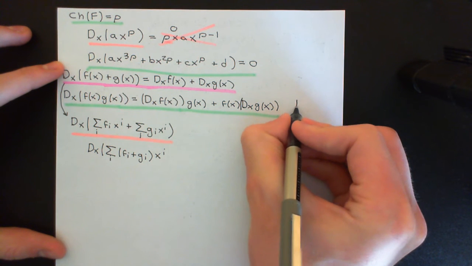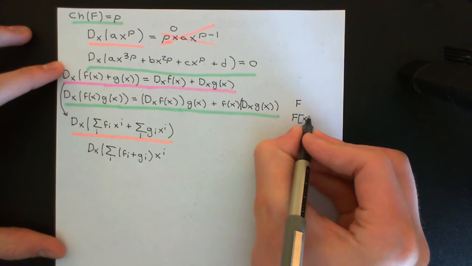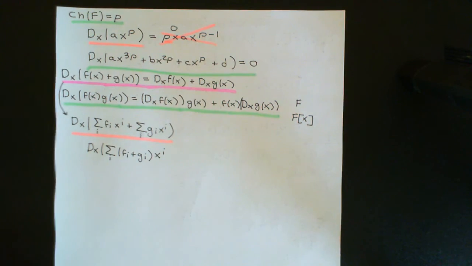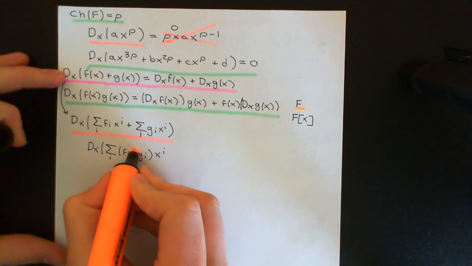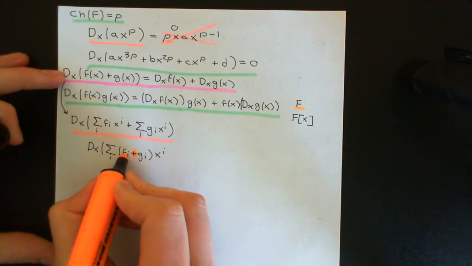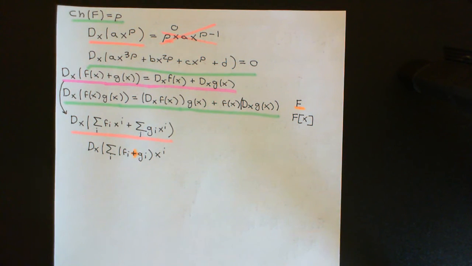So we have addition in the field capital F, and we're also going to have addition in the ring of polynomials over the field capital F, and we'll colour code those in different colours. So addition in the field capital F is here. When we're adding the coefficients, you add those together in the field capital F, and that's in orange there.